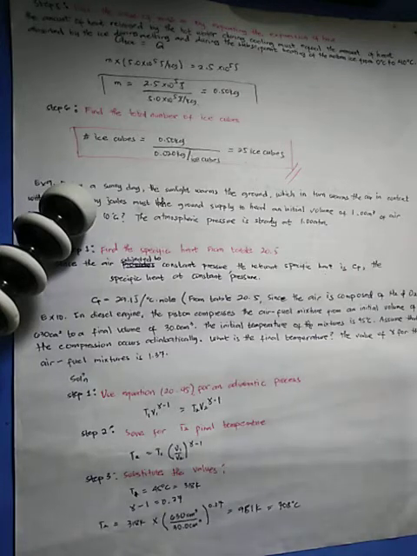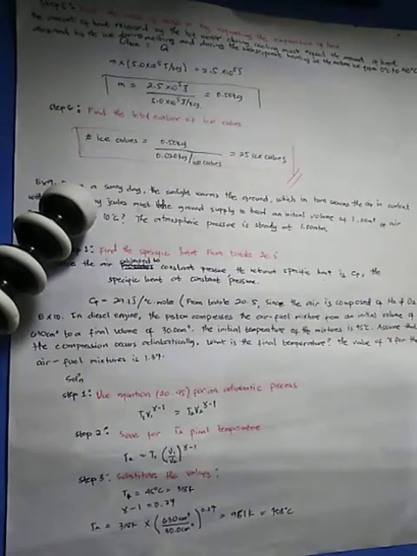Okay, so for example number 10, just giving you a brief overview. This example talks about, since we are talking about heat, the change of temperature in relation to change of volume at constant pressure, or what we call an adiabatic expansion or adiabatic process.